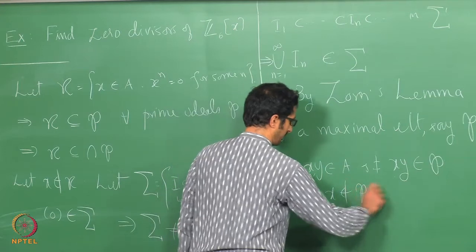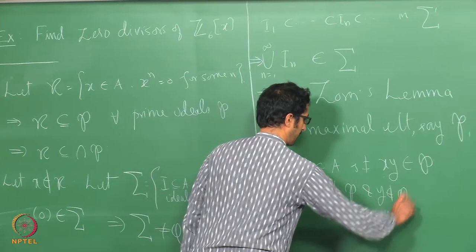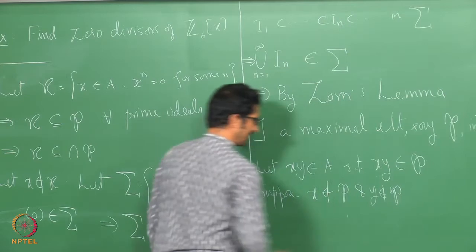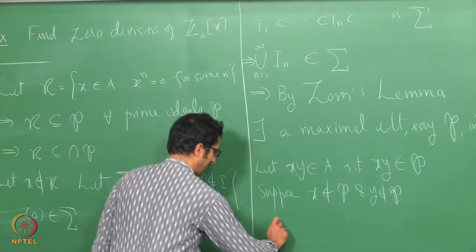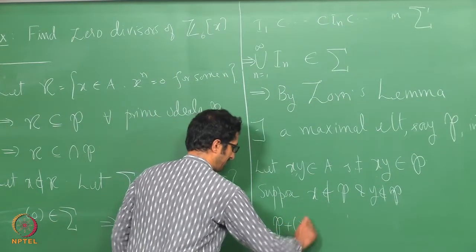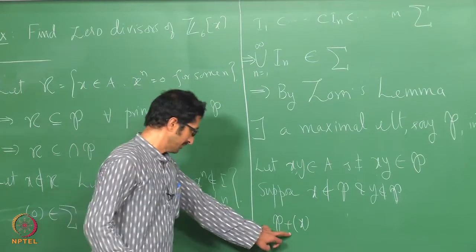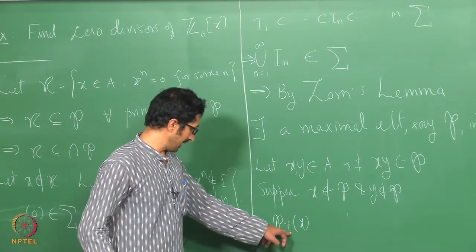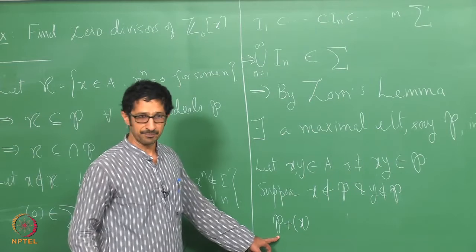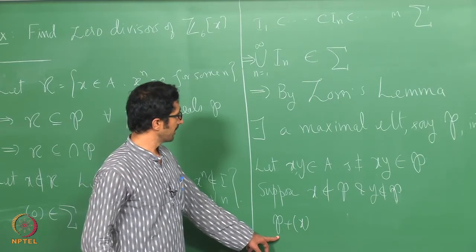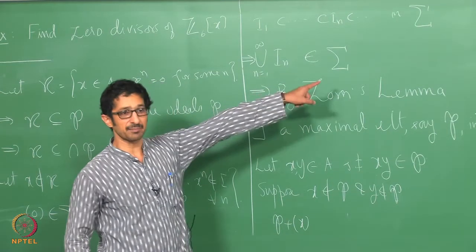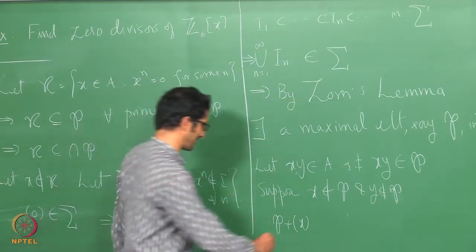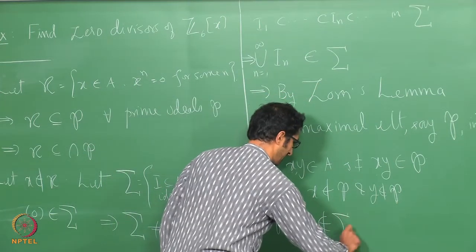Suppose x is not in P and y is not in P. That would imply that P plus x is an ideal which is bigger than P, therefore it is not in sigma.